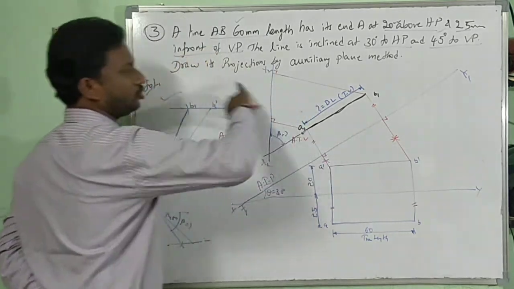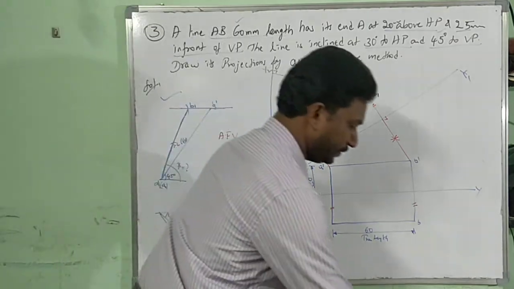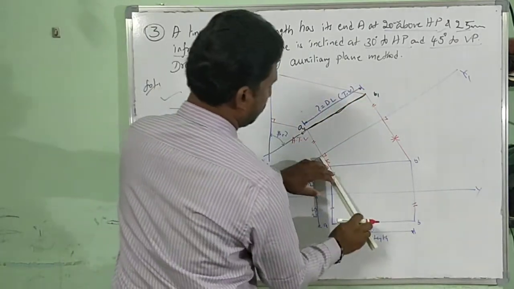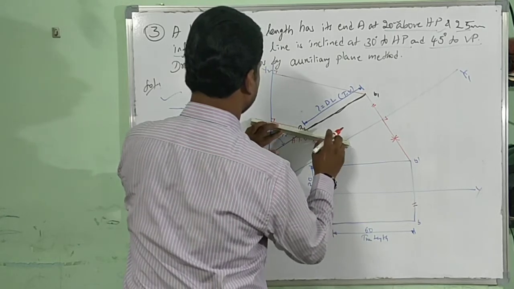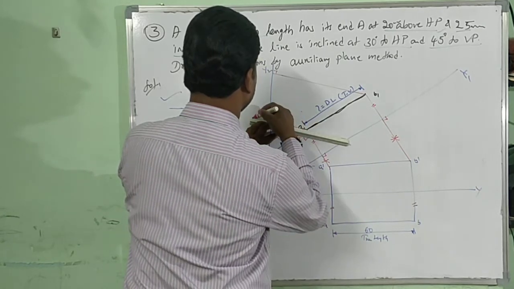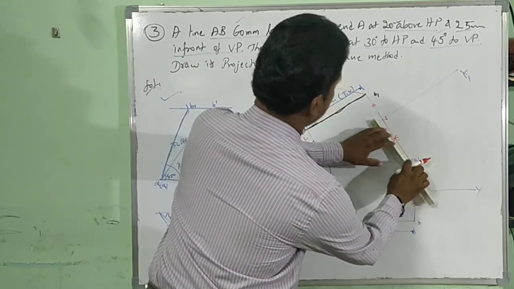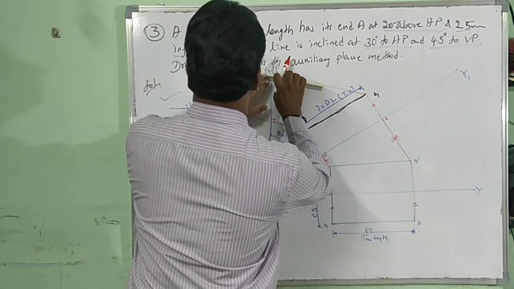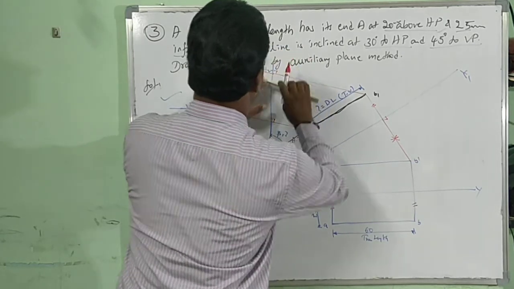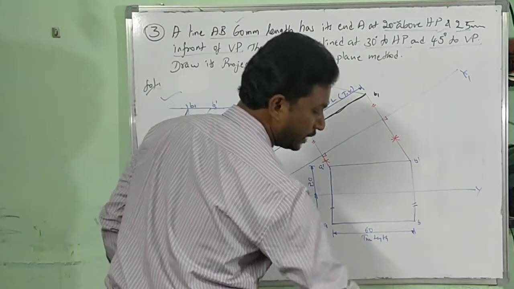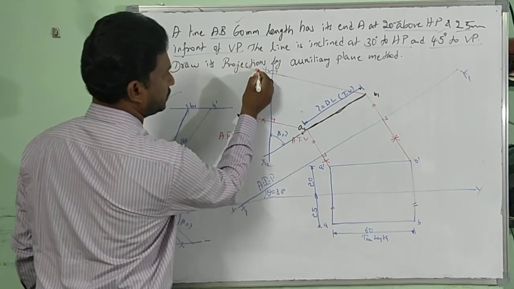These two lengths are to be extended. This small cross length and this star length has to be extended. Now this is cross, this is star.